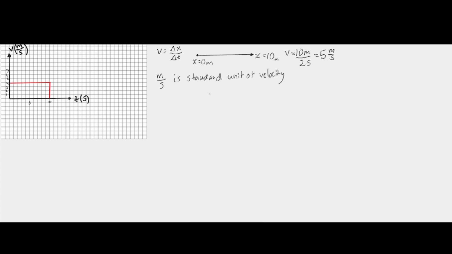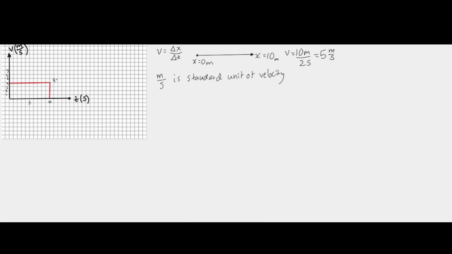One other thing I want to look at is the velocity versus time graph. In this case, it's going to be pretty simple, but we're also going to be using the velocity versus time graph for acceleration, so we need to become familiar with it. In this case, we have constant velocity. Now this is a different velocity. This is 4 meters per second.